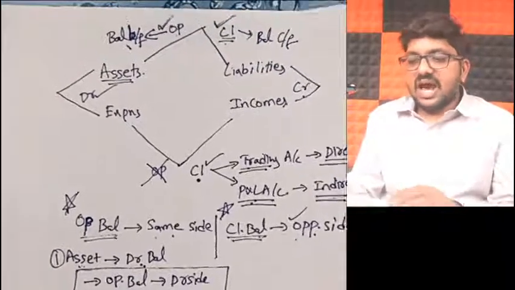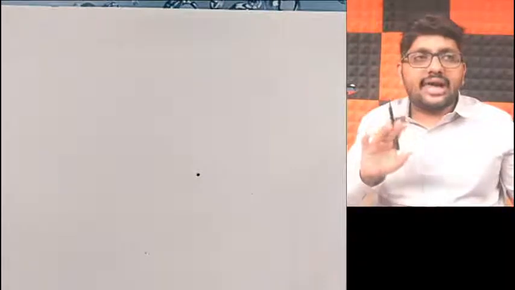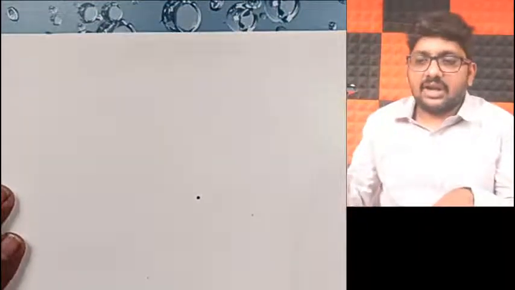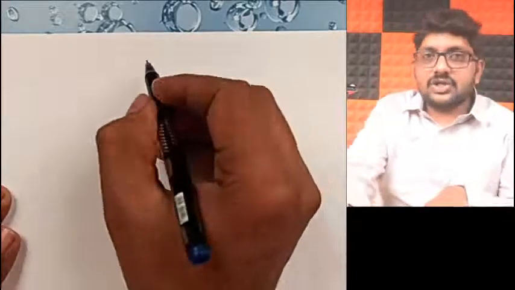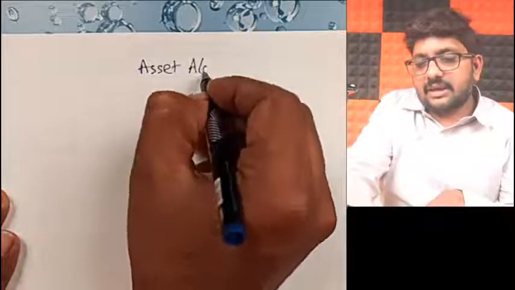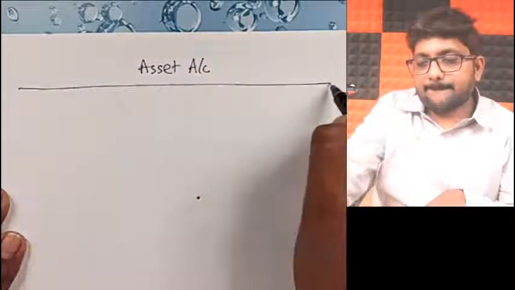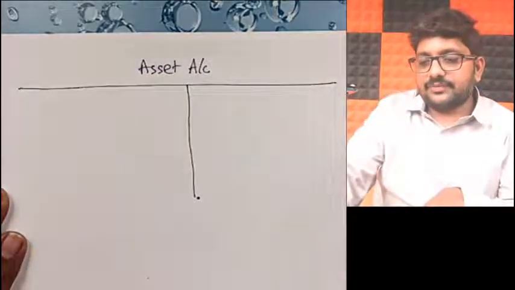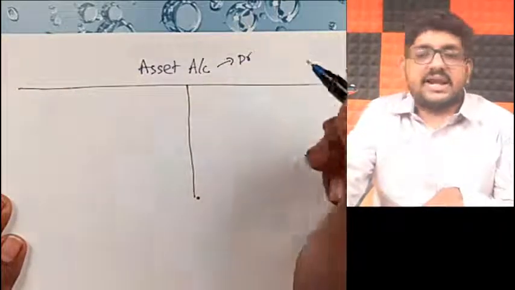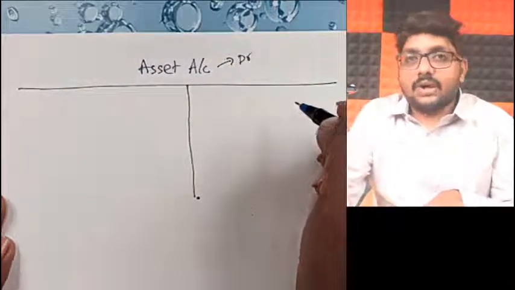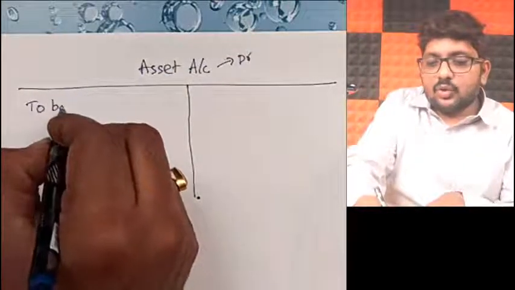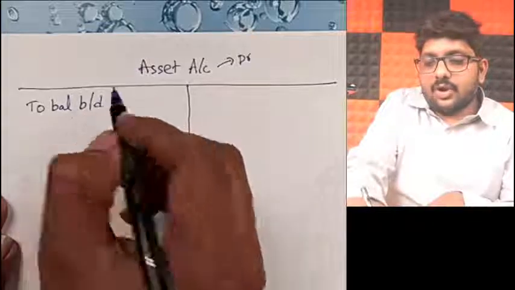If you remember this, how do these ledgers usually look with the opening and closing balances? Let me show you for an asset and for a liability. For example, I will take any particular asset. Which category does an asset come under? Debit category. Debit category means the opening balance is on the debit side, so I will write To balance brought down or brought forward.